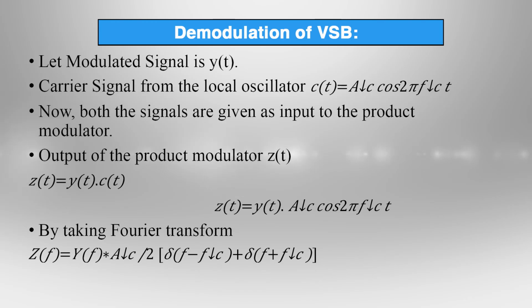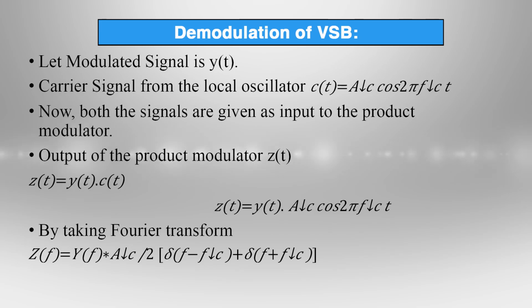Now, let the modulated signal be represented by y(t), the VSB modulated signal, and the carrier signal from the local oscillator be c(t), equal to Ac cos 2πfct. Both of these signals are applied at the input of the product modulator.